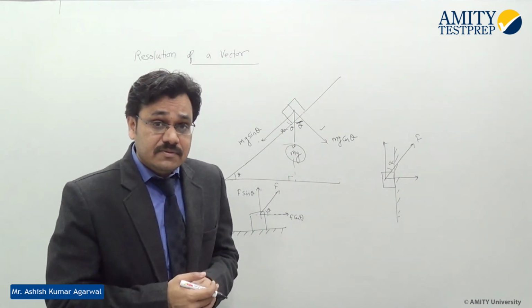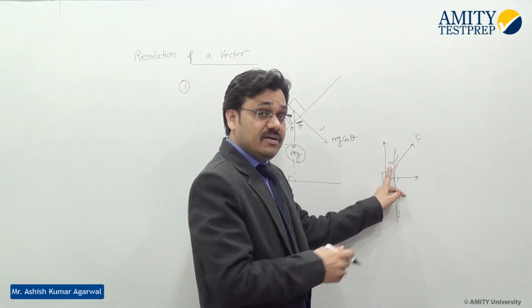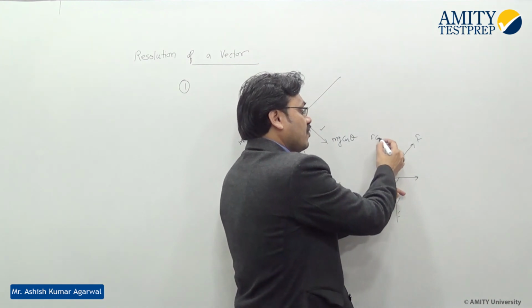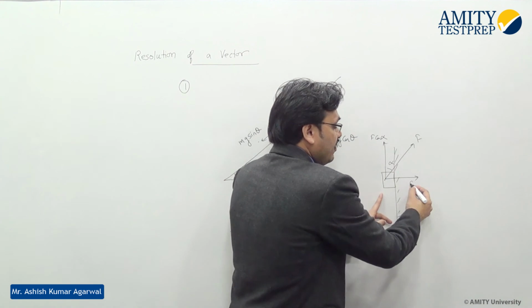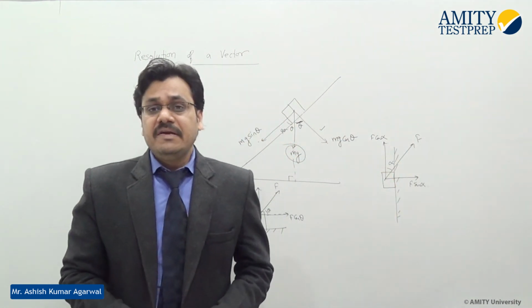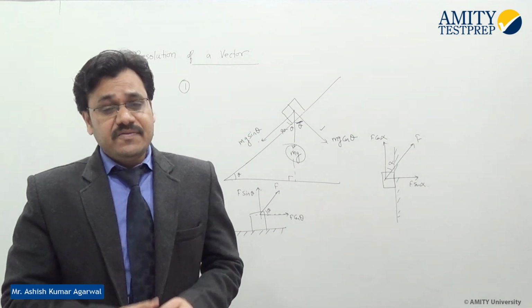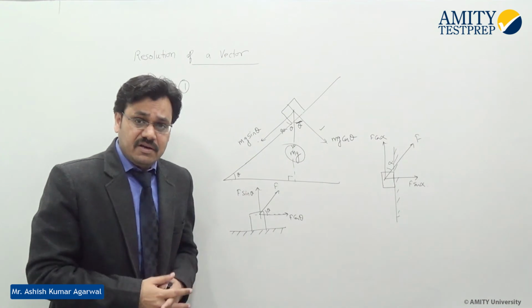As we discussed, if the angle with the vertical is alpha, the component should be F cos alpha here, and with the normal it should be F sin alpha. So in this way you can find the resolution, and it is very helpful in solving problems in IIT and medical. Thank you.